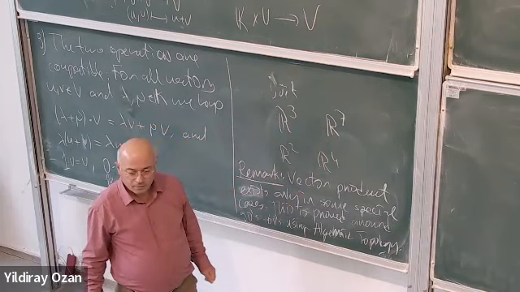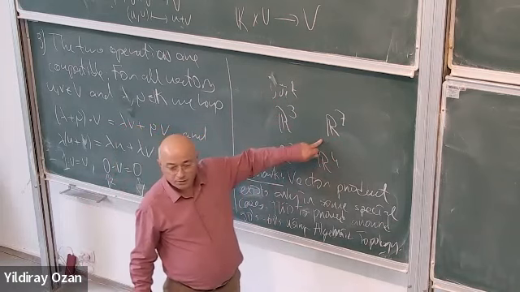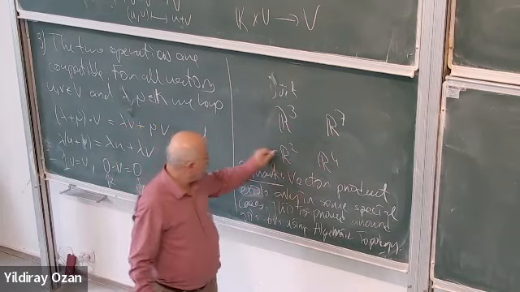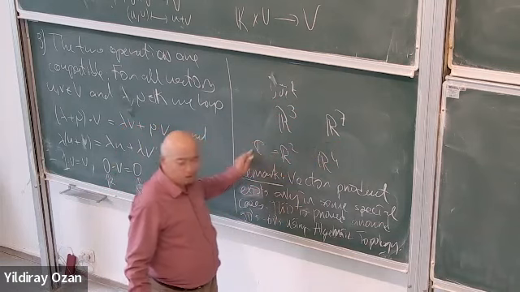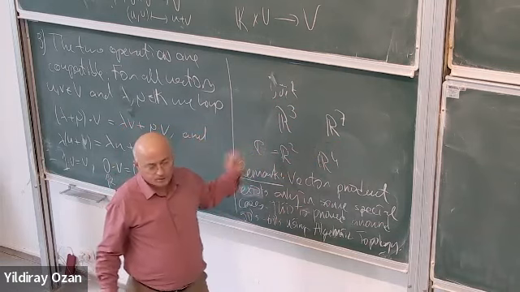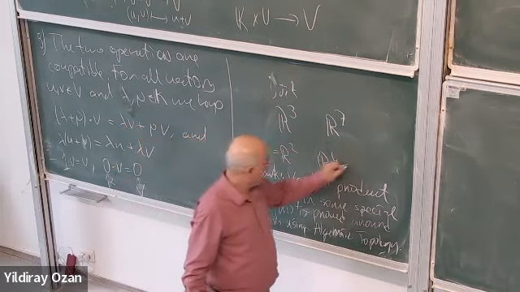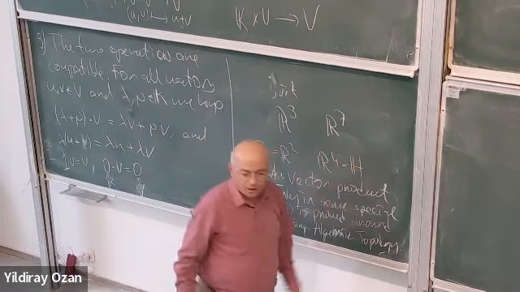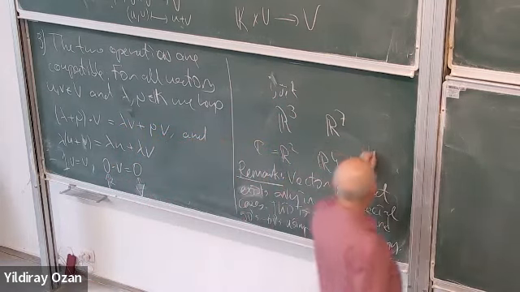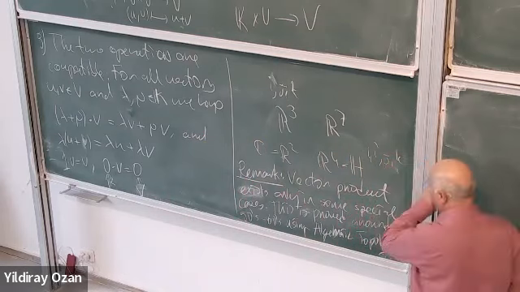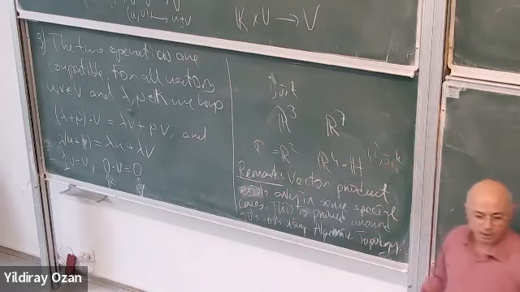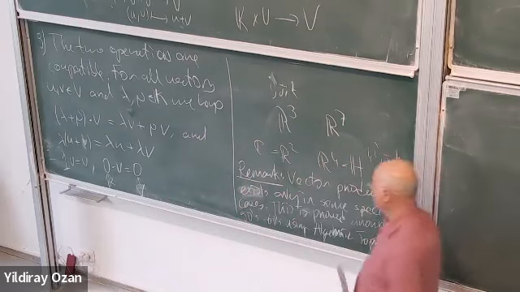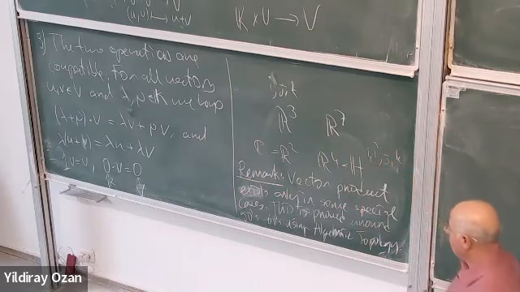In R2, well, you may consider this as complex numbers, and complex numbers you can multiply, and in R4 this is quaternions. We have 1, i, j, k. I'll talk about them.